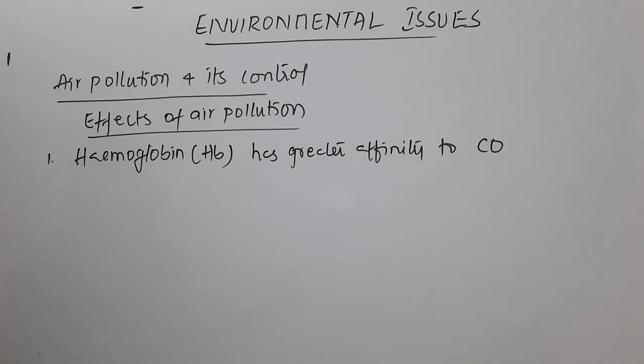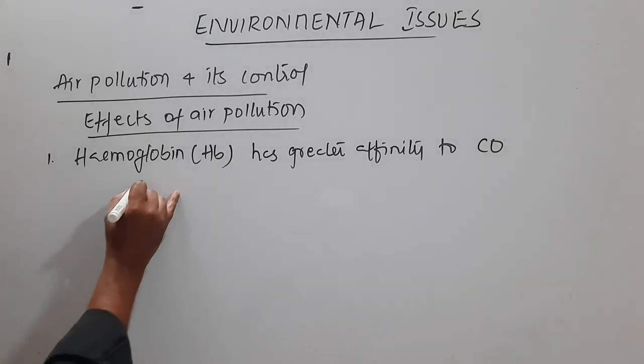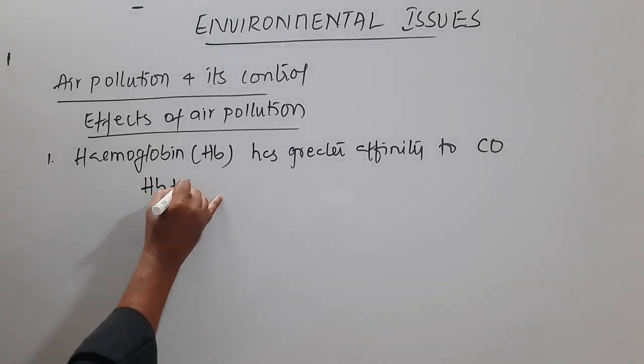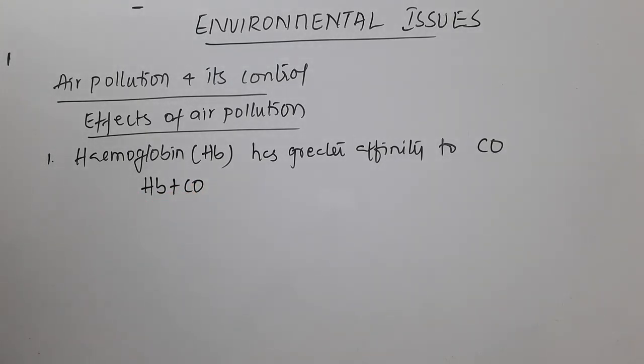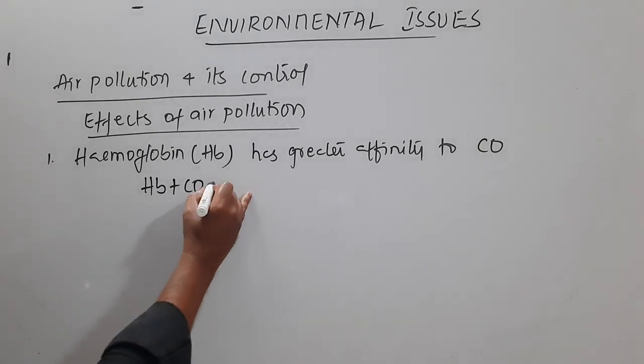One such air pollutant is carbon monoxide, and the hemoglobin present in our blood cells has a greater affinity, so it gets attracted to carbon monoxide, and that may result in the hemoglobin combining with carbon monoxide to form HbCO, that is carboxyhemoglobin.